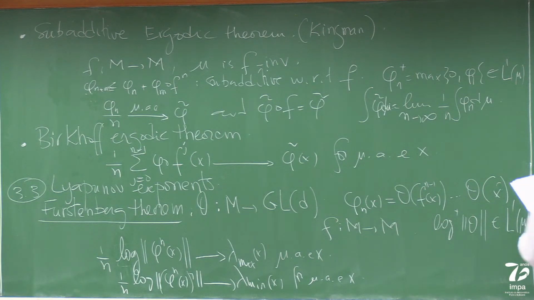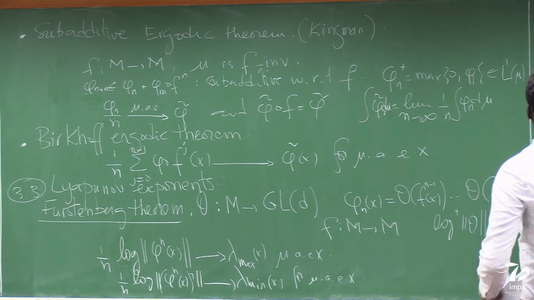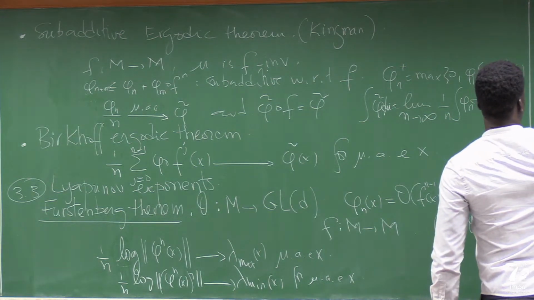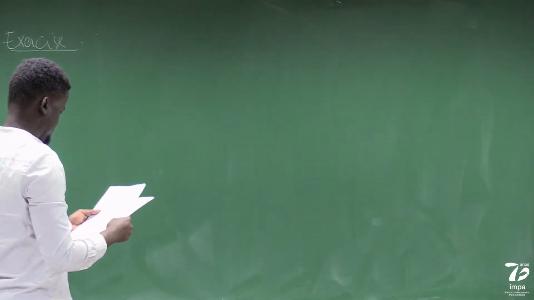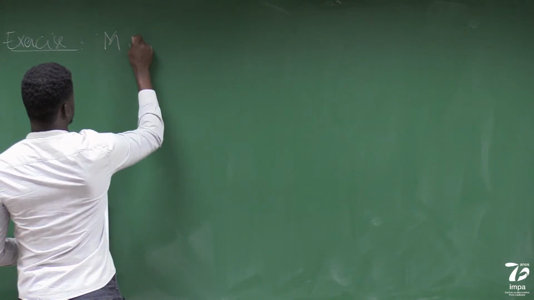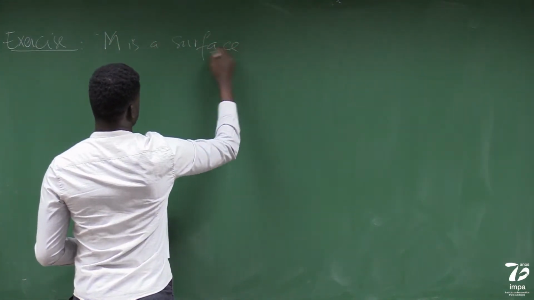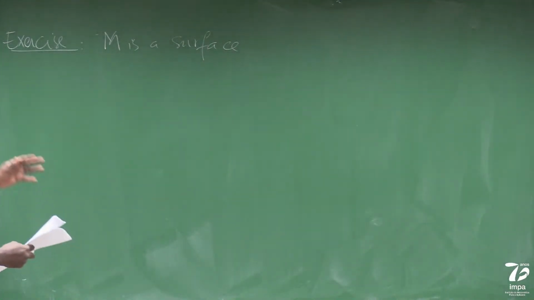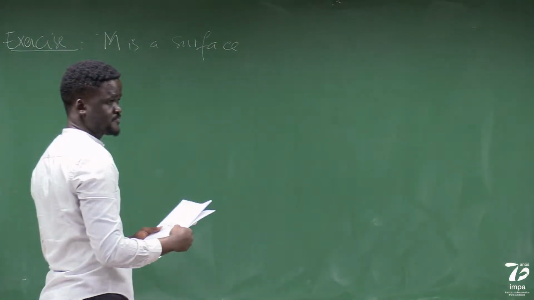And there is an exercise, actually, which is interesting, that I would like to discuss a little bit, about these Lyapunov exponents and how they relate to Lebesgue measure when you have invariant measures. So if M is a surface, I just do dimension 2 here, but what I'm saying generalizes to higher dimensions also.